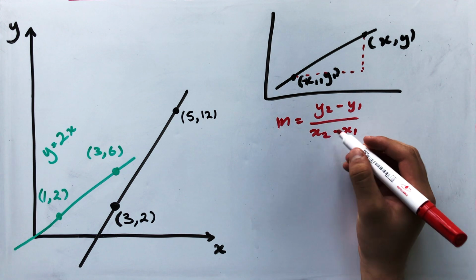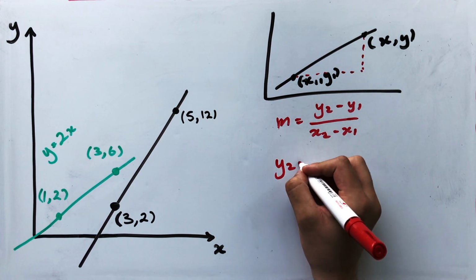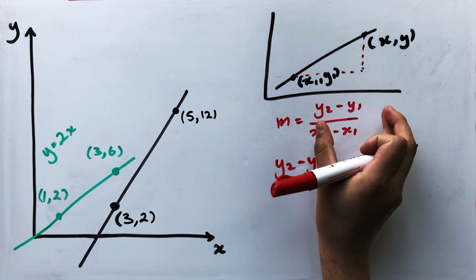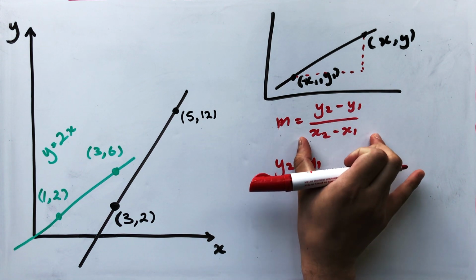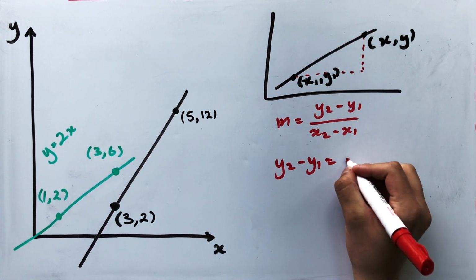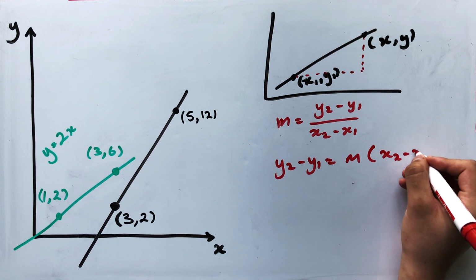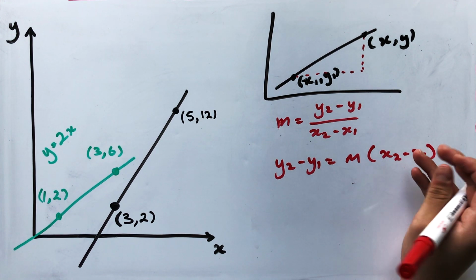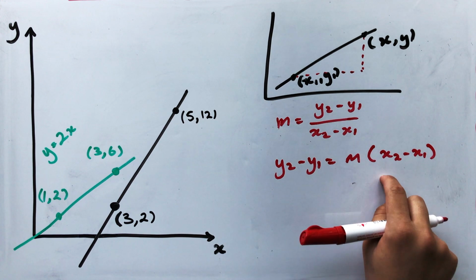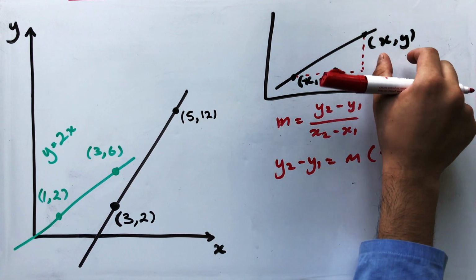If we rearrange this formula, we get y2 minus y1, we kept the top there, and then we multiply this bottom with the m, which gives us m, open brackets, x2 minus x1. Now, instead of y2 and x2 and x1 and y1, we can just substitute these values.